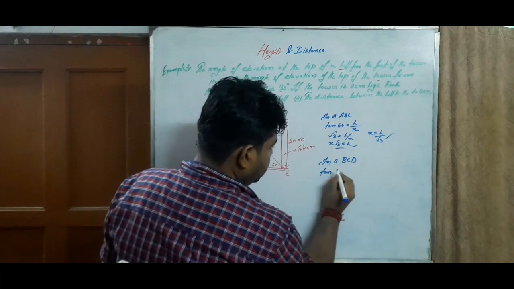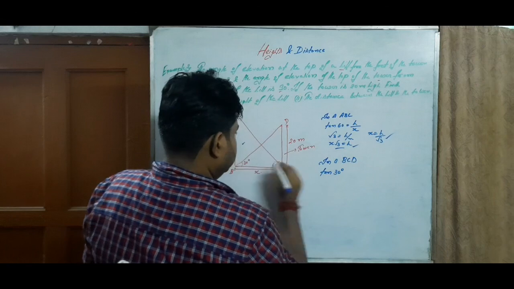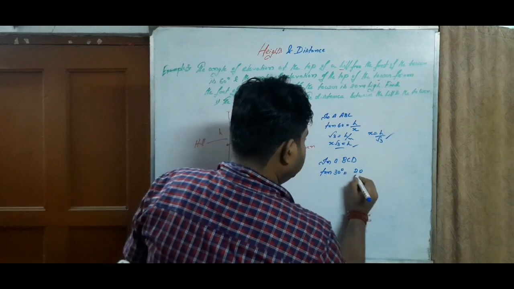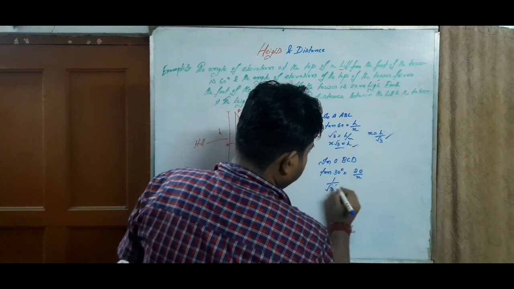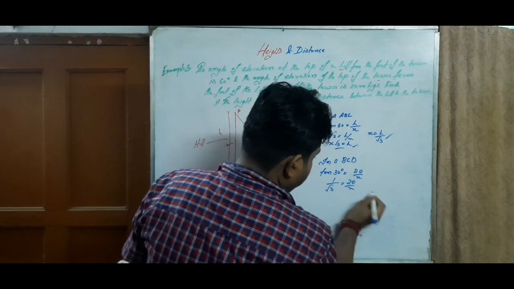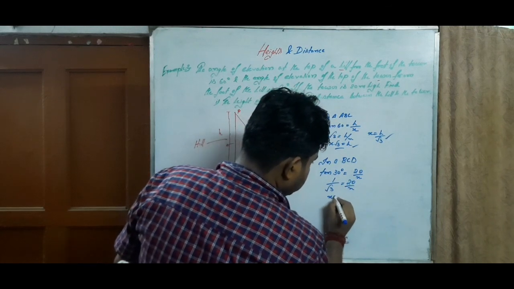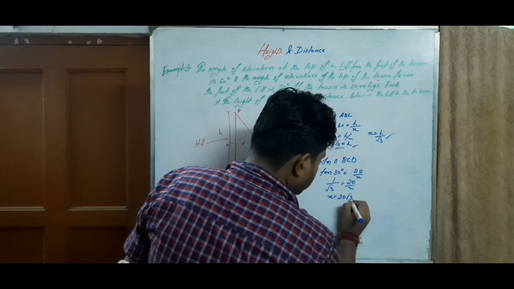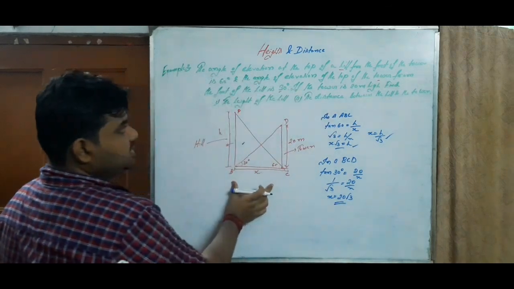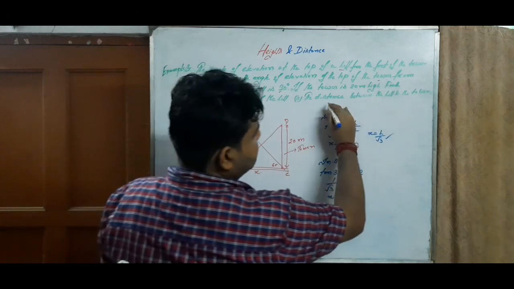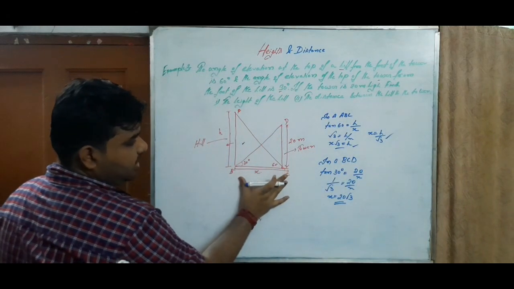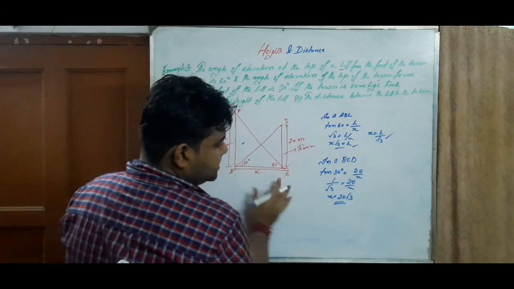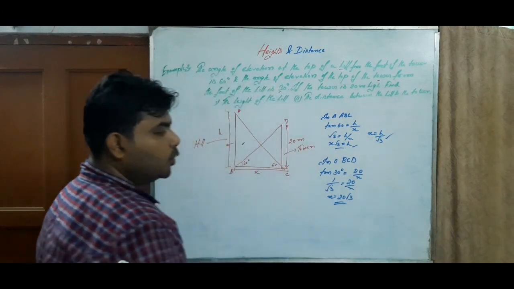Again, tan 30 equals 20 by x, or 1 by root 3 equals 20 by x, or x equals 20 root 3. So we have got the second answer, the distance between the hill and the tower, that is the base x, that is 20 into root 3.